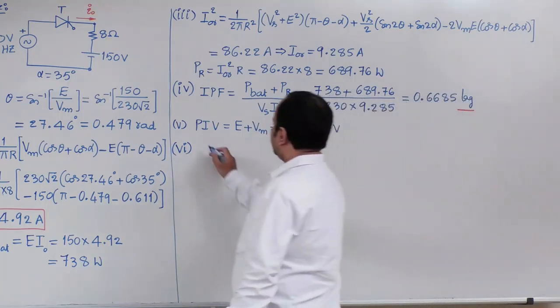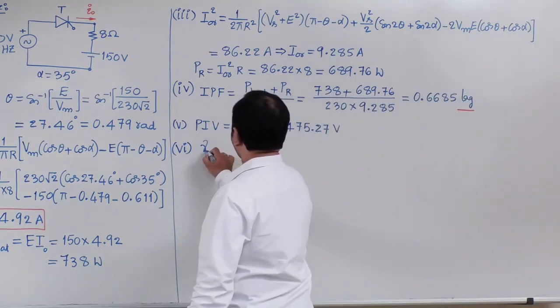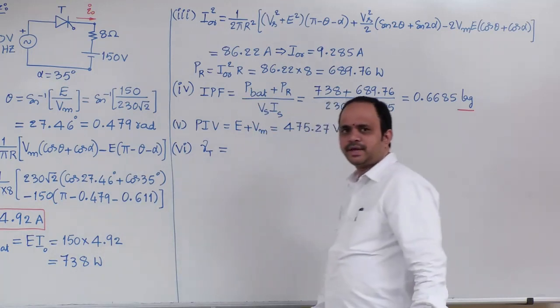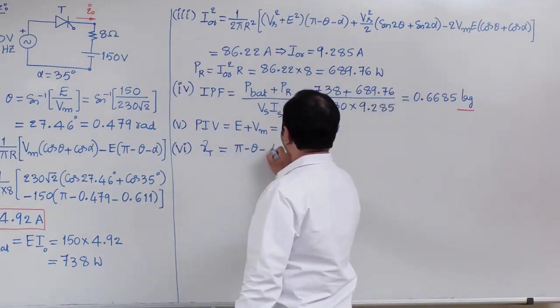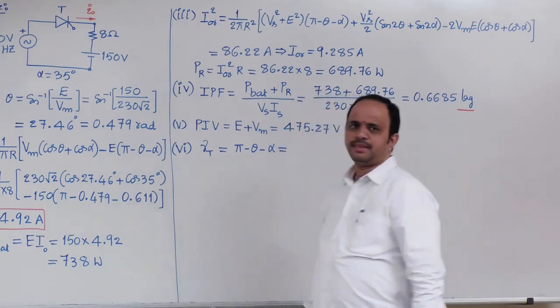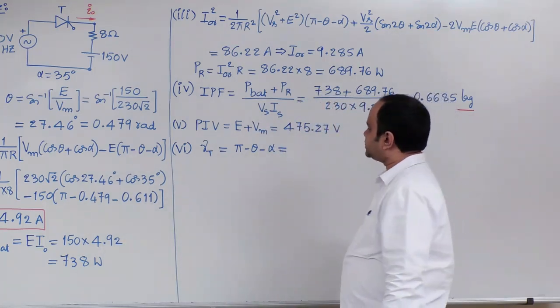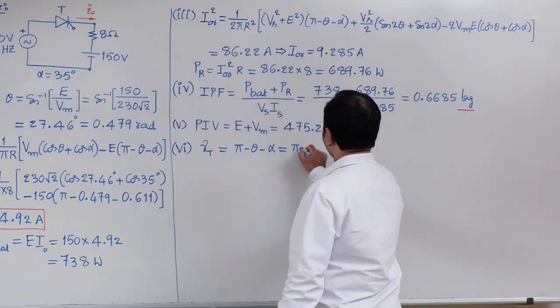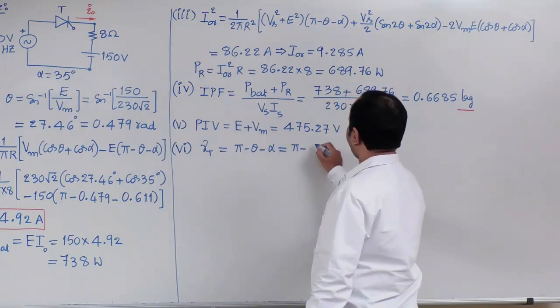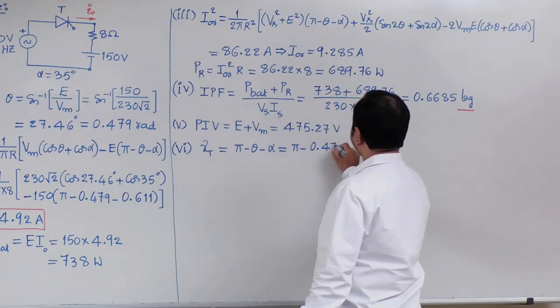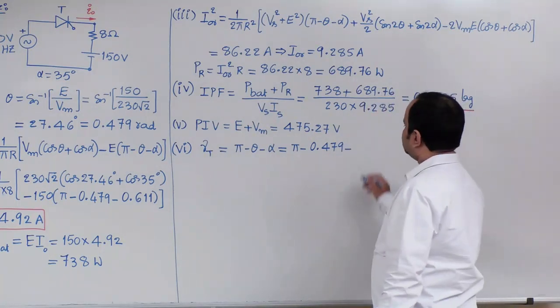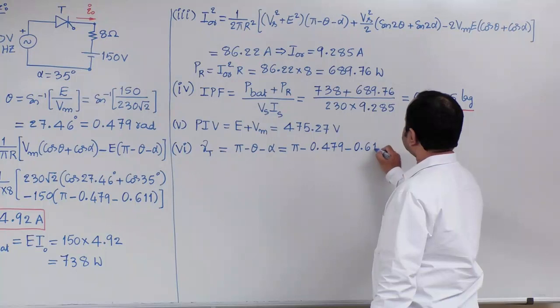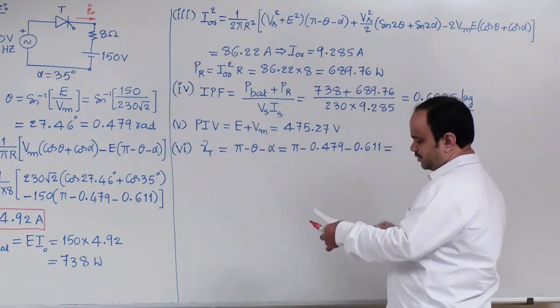Okay. Next, sixth question, what is that? Conduction time. Conduction time can be written as gamma T. So what is the expression? Pi minus theta minus alpha. So pi minus, what is theta in radian? 0.479 minus alpha 0.611.